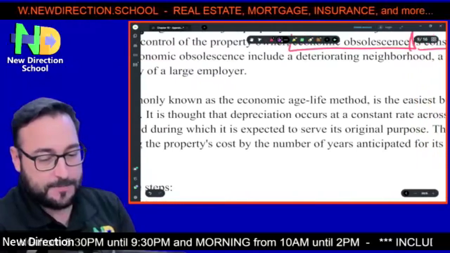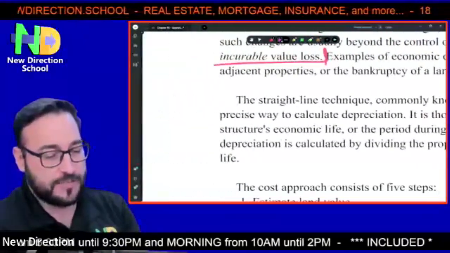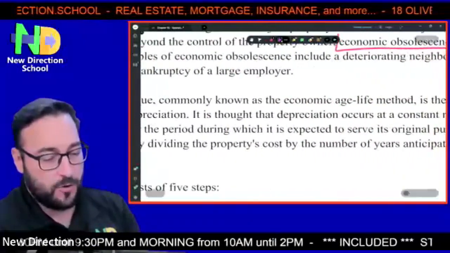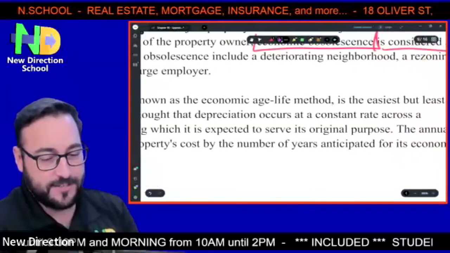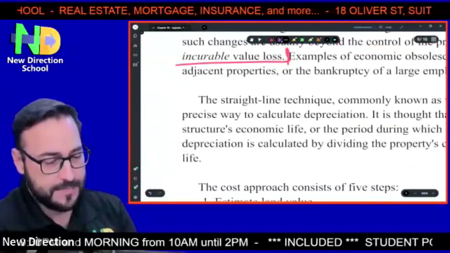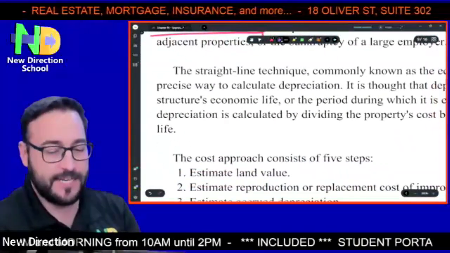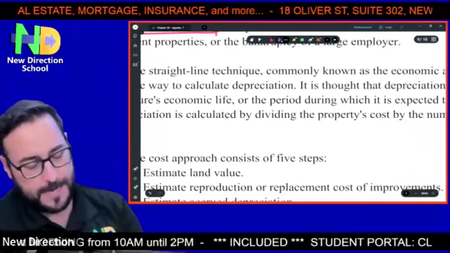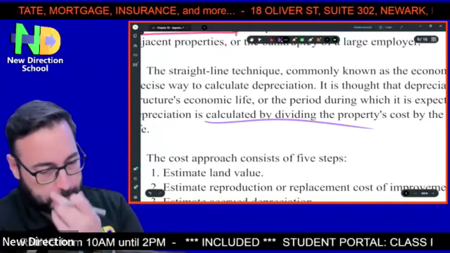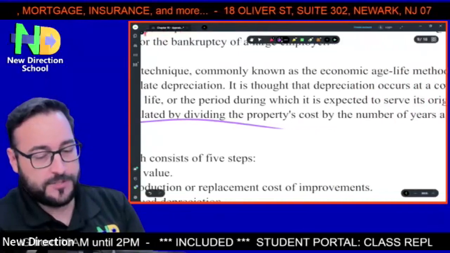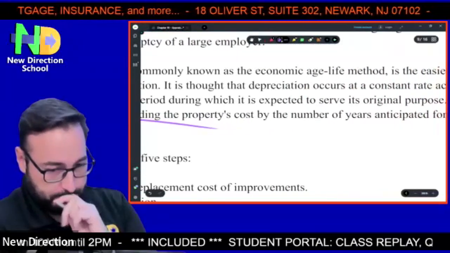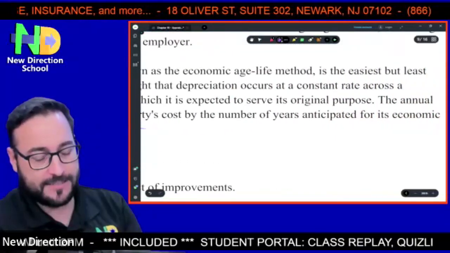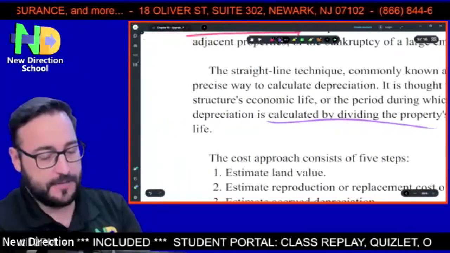It is thought that depreciation occurs in a constant rate across the structure's economic life, or the period during which it is expected to serve its original purpose. The annual depreciation is calculated by dividing, might be a question in the exam or not, but what you do is you divide the property's cost by the number of years anticipated for its economic life.